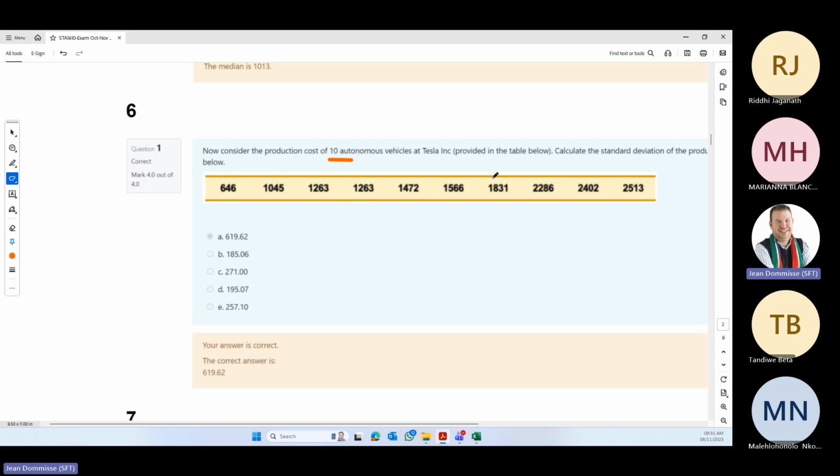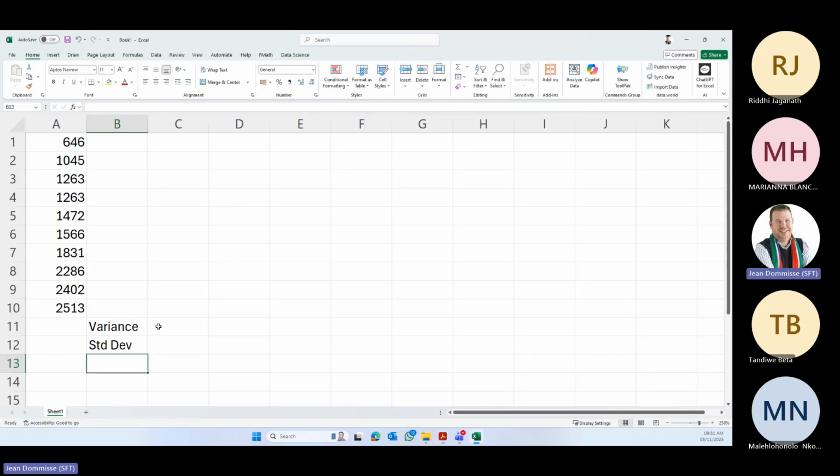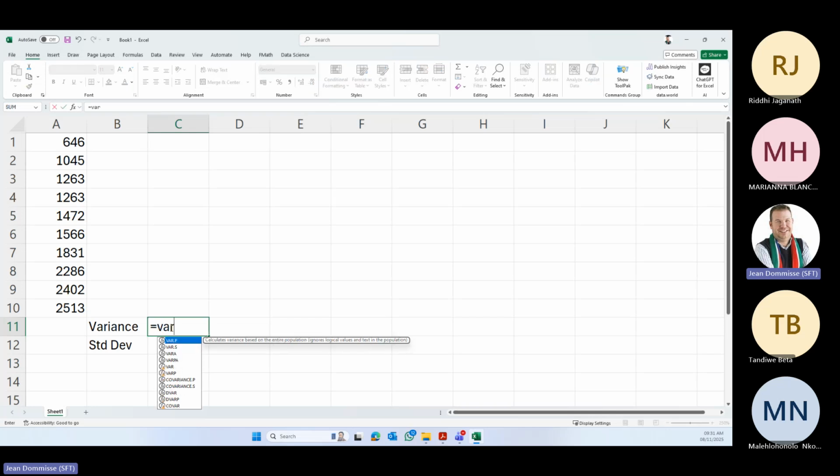So we know it's a sample and we need to work out the standard deviation. They don't tell us if it's population or sample, but we assume we're working out the standard deviation of a sample. Okay, but let's first work out variance.